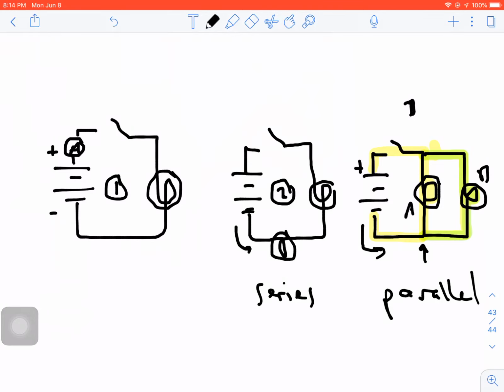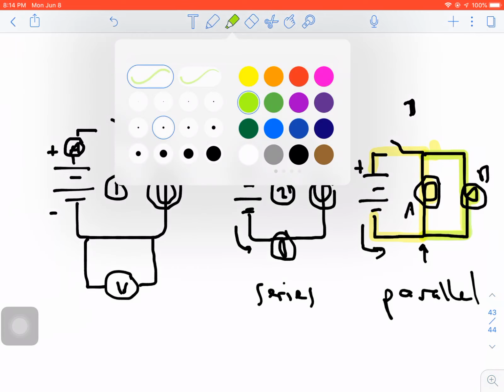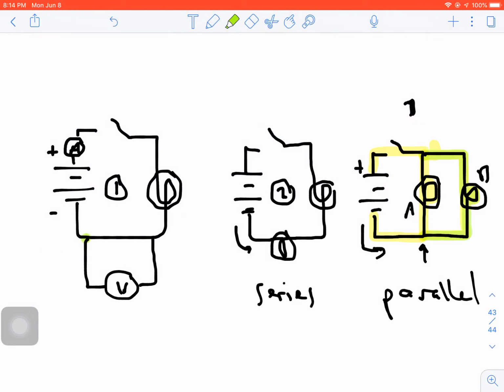Now let's say I wanted to measure the voltage in this system. Okay, let's say I put my voltmeter and compared this point to this point here and said, how much voltage is there? Well, again, remember what I'm doing is I'm comparing the electrons at this point here with the electrons at this point here.